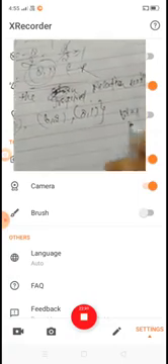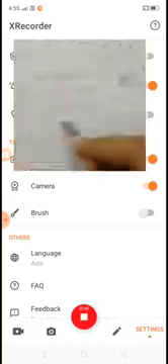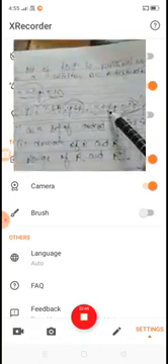This is one answer. Okay, this is the relation according to the given context.